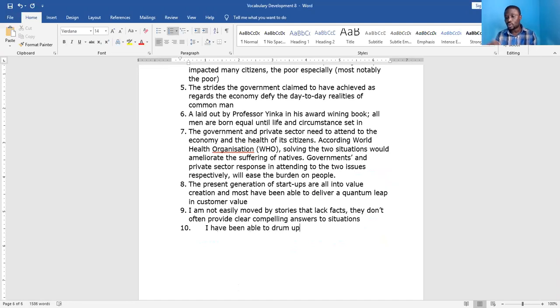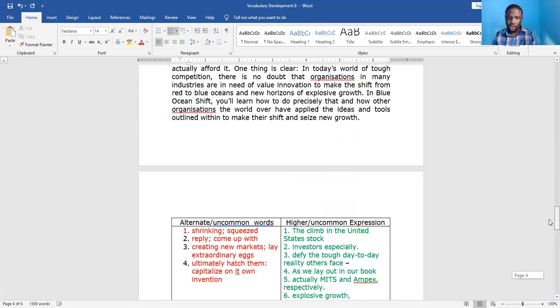Drum up was one of the vocabulary development I've used. It means create also. I've been able to drum up new ideas that I think will stimulate the present market. Or let me say, will stimulate new demand. Okay, let me use it that way.